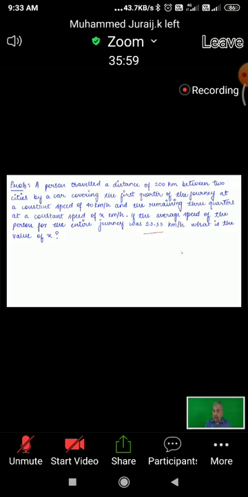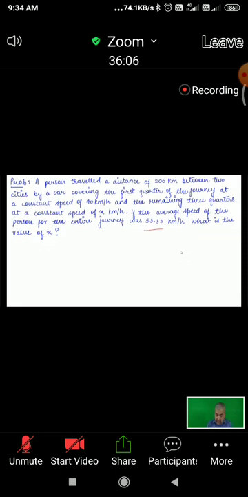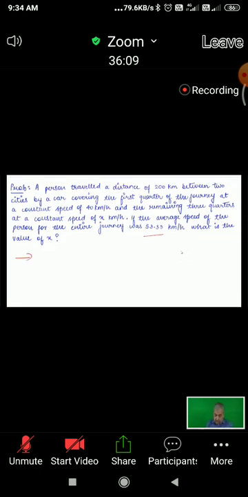Okay, now I am doing this question. Answer is 60 km per hour. Answer is 60 km per hour. So please check your answer. Now I am doing, see, simple. A person traveled a distance of 200 km between two cities by a car, covering the first quarter of the journey at a constant speed of 40 km per hour, and the remaining 3/4 means 3/4 of the distance.